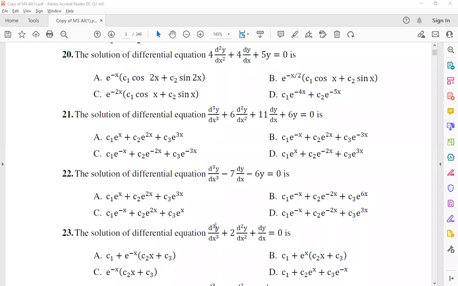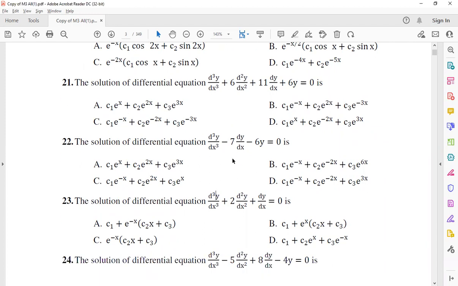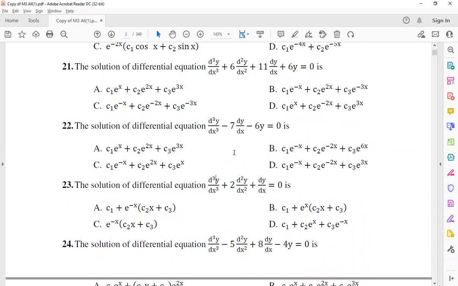So D square plus 2D plus 1 equal to 0. D is 0, and solving this you will get D is minus 1, minus 1. There are some cases where it is okay, but some cases where you will not get it. If something is common, you have to take it out first. Now here it is okay. Roots are correct. Next, 24.